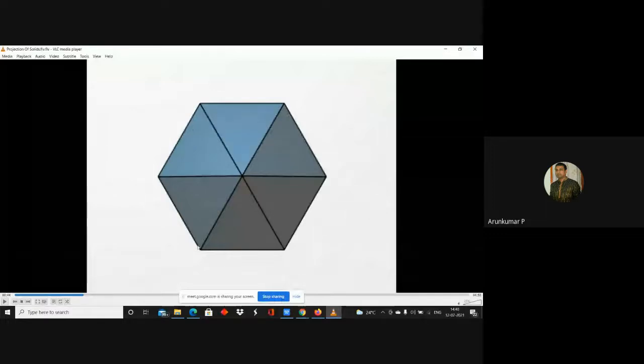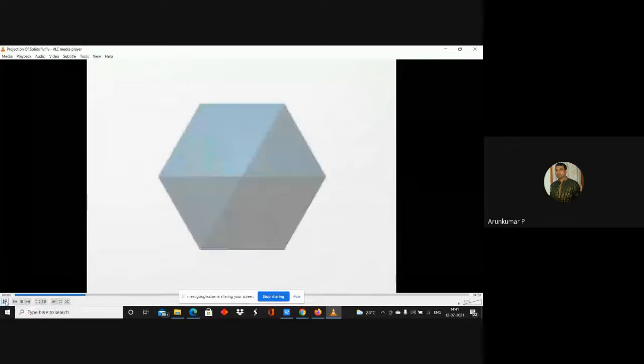So this remains true for solids also. If you have the hexagon like this, that means it is resting on HP on a corner, because you can see the corner on the right and the corner on the left. So these are the corners about which you can incline in the second step. This is a case where the hexagonal pyramid is resting on a corner. Please observe what happens next.